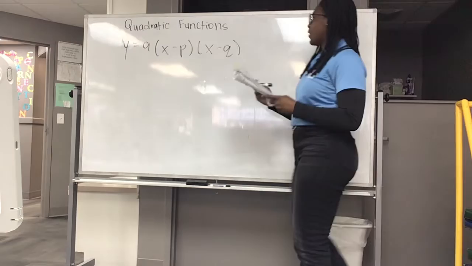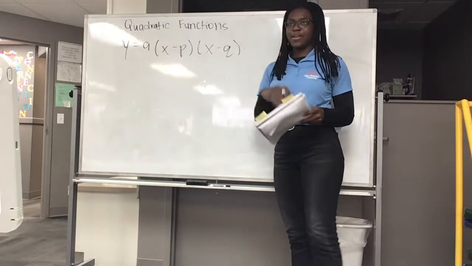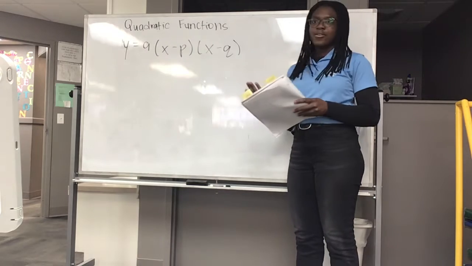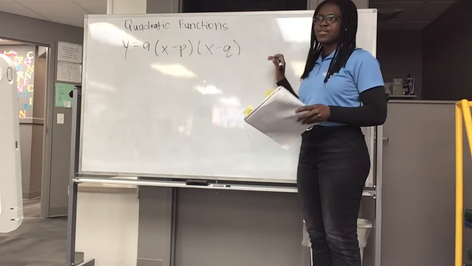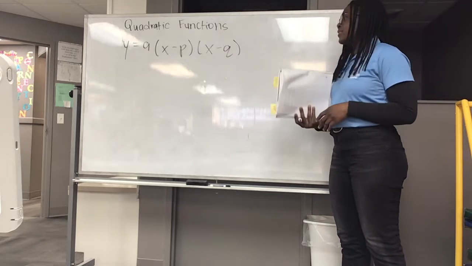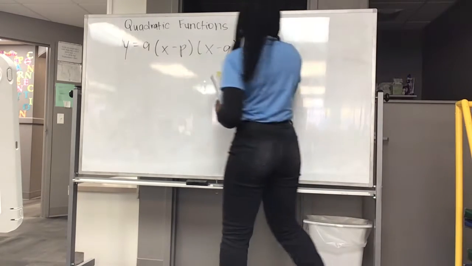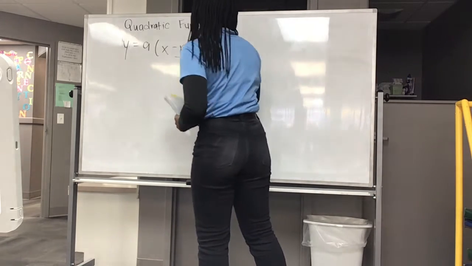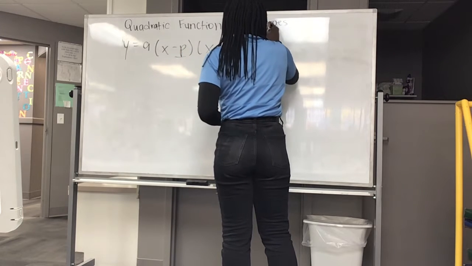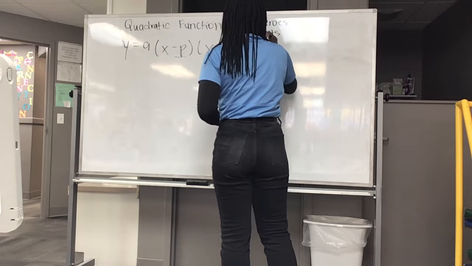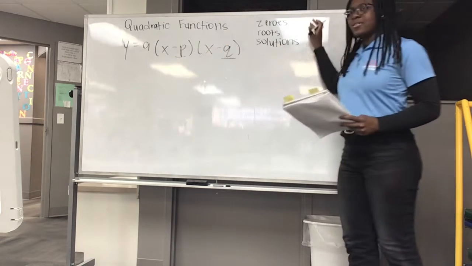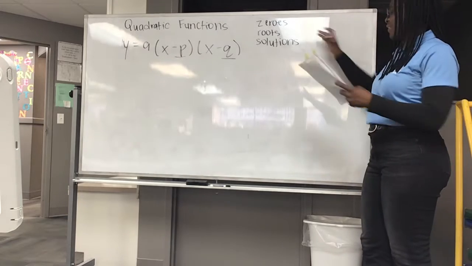Our P and our Q represent our answers. There are 3 names for those. They are called zeros because, like I showed you, that's where they cross the x-axis. They're also called roots, and also called solutions. So P and Q represent my zeros, roots, or solutions, and these 3 words all mean the same thing.